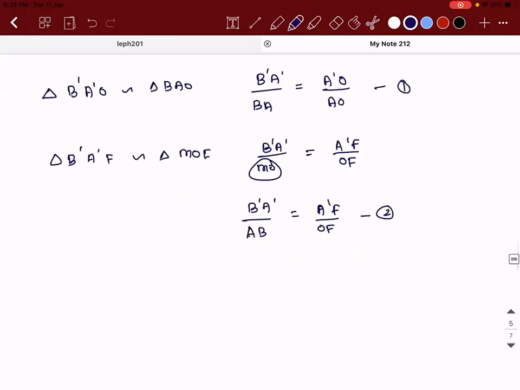So from 1 and 2, A dash O divided by AO is equal to A dash F divided by OF. What is A dash O?